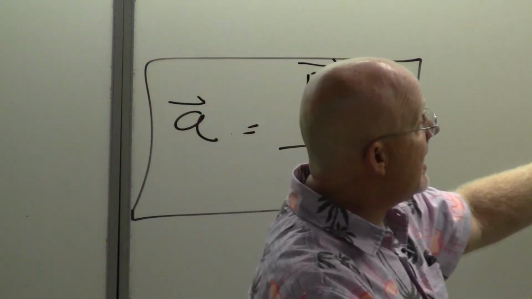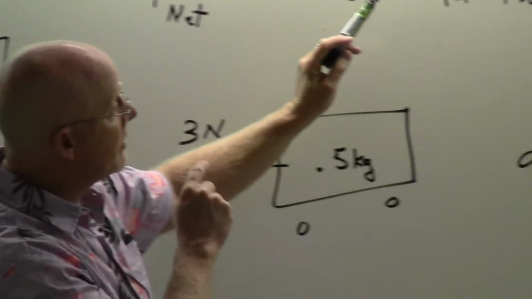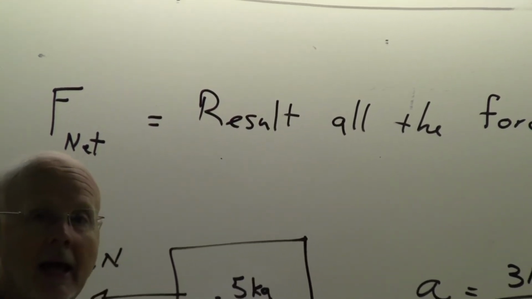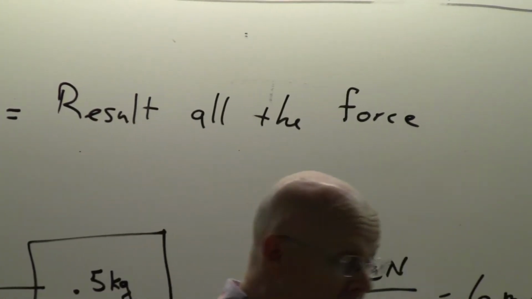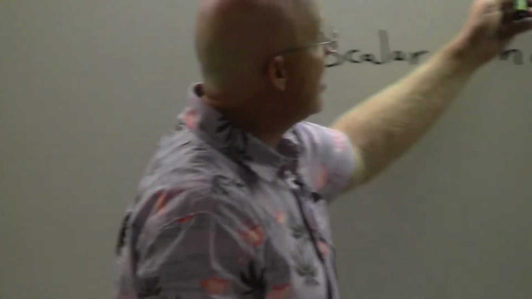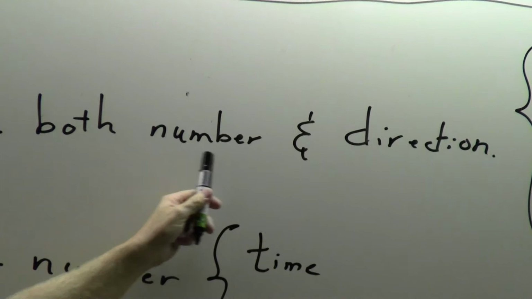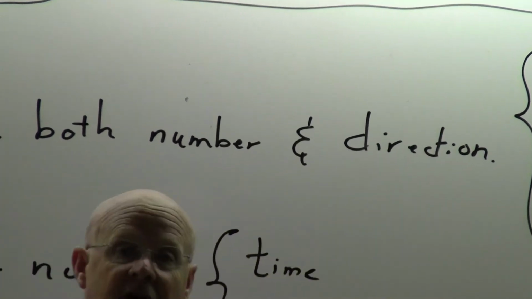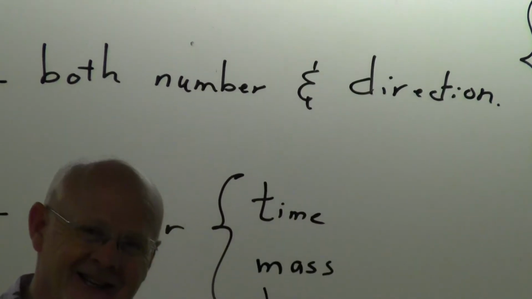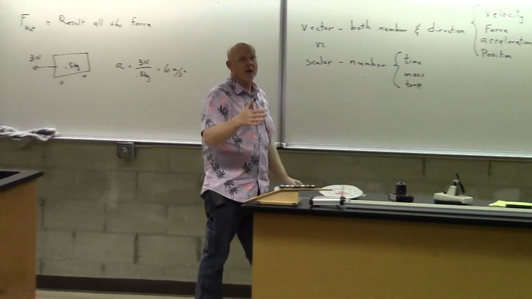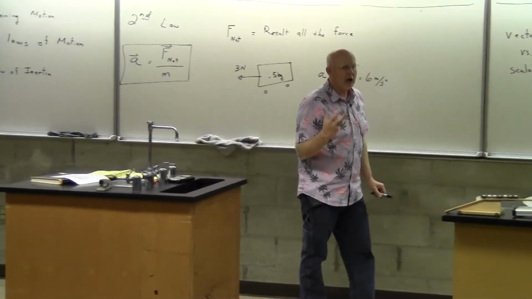And as I was saying, the net force is the result of all the other forces. And here's something that we have to keep in mind. It's not just the magnitude of the force, but it's also what direction is that force. And that's where then it becomes a little more complicated.